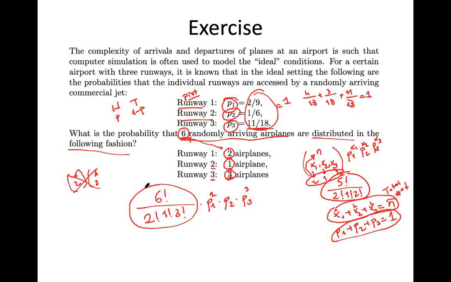How many different ways would I distribute these envelopes to 3 different addresses? So then it means 6 times 5 times 4 divided by 2 times 2 over 9 to the power 2 times 1 over 6 times 11 over 18 to the power 3. Okay? So I think you found it: 0.1127.